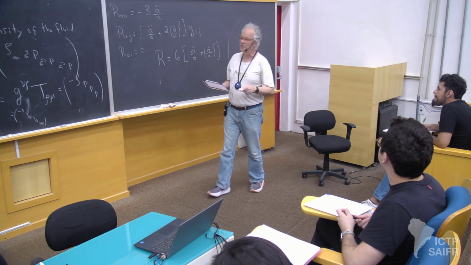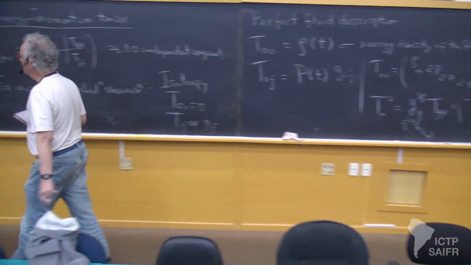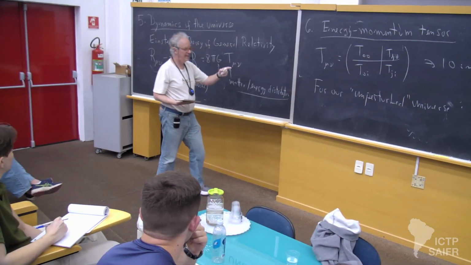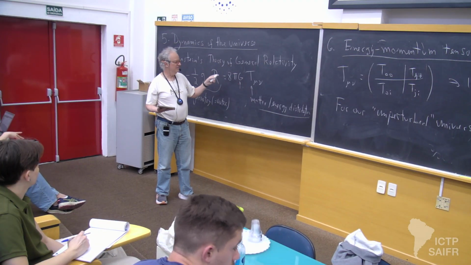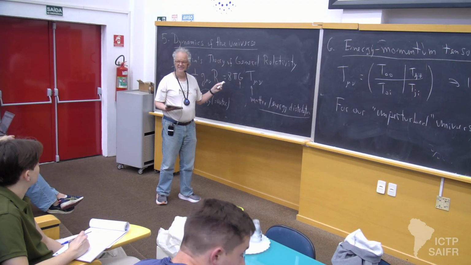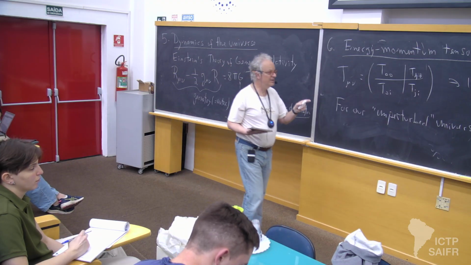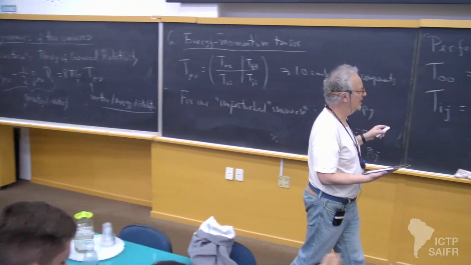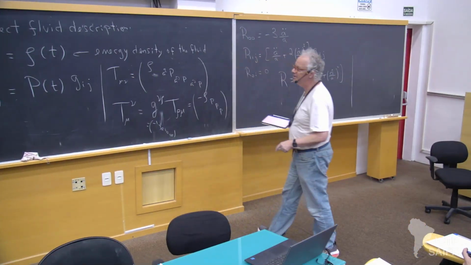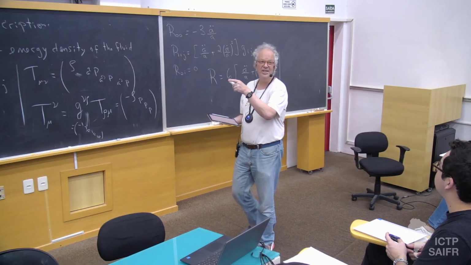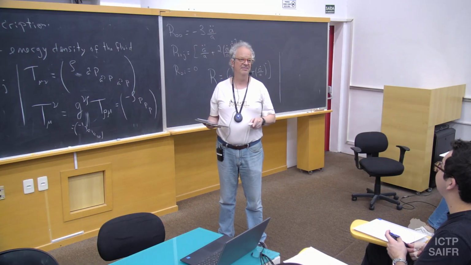So you see that, how many differential equations are here? 10. There are 10 coupled differential equations. So it's not easy to solve. So what we're going to see is that in this very simplified description of the universe, where the universe is unperturbed, homogeneous, and uniform, these 10 equations reduce to 2 equations.